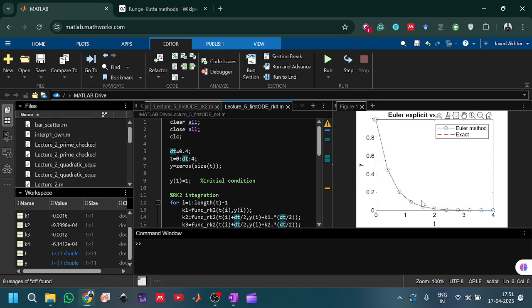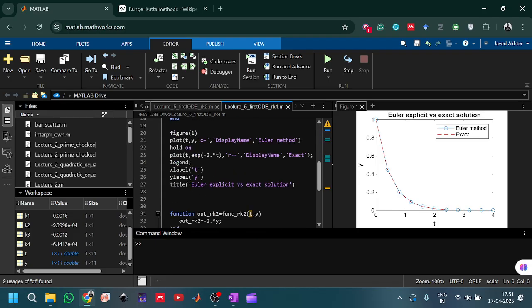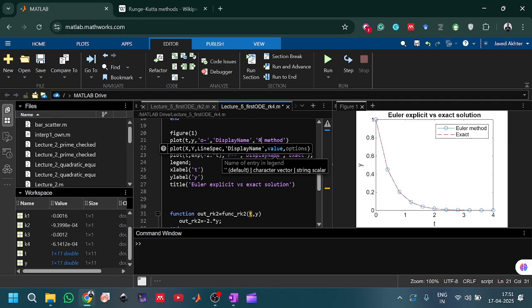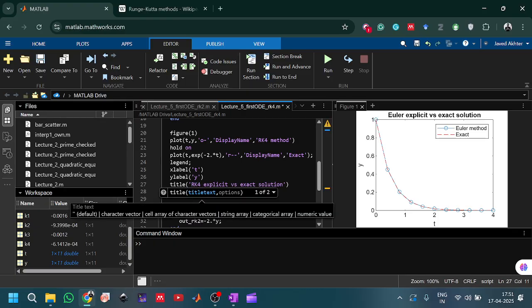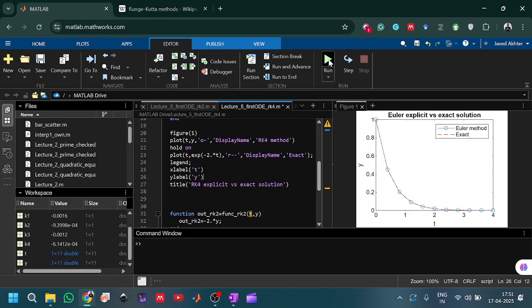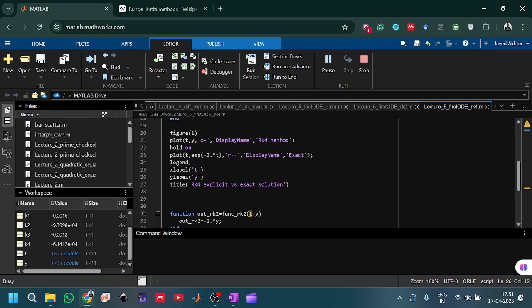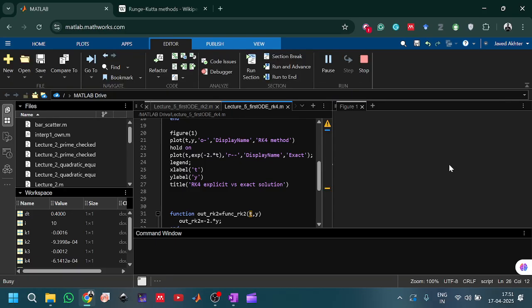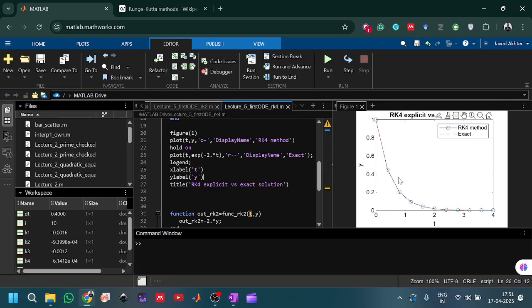you can see that this is not Euler method, this is RK4. Okay, so RK4 method, even for 10, 11 data points, is almost matching.